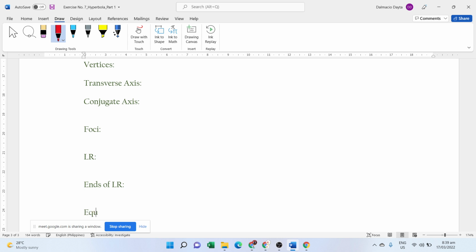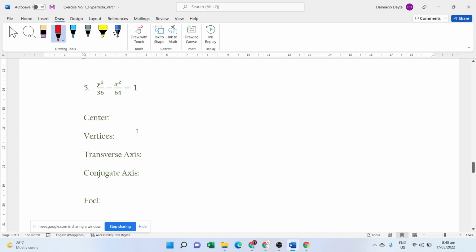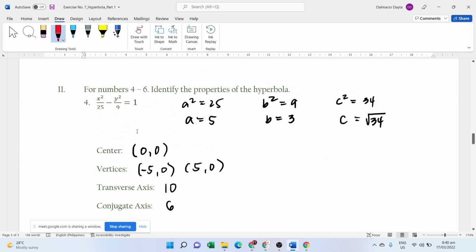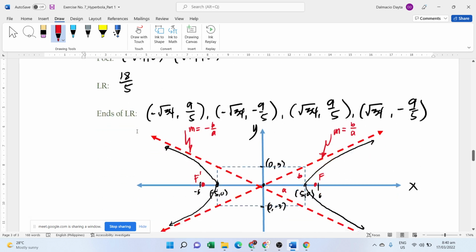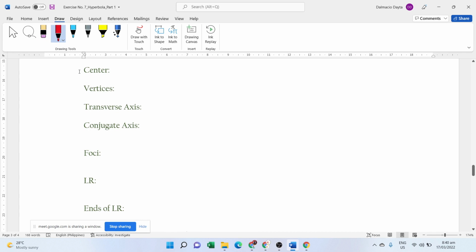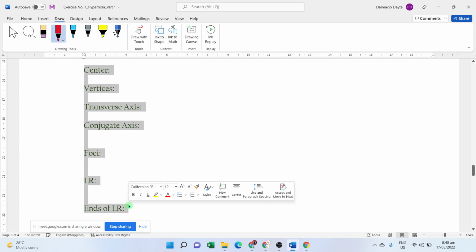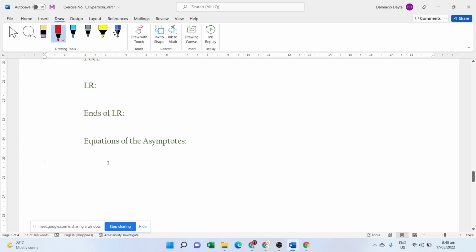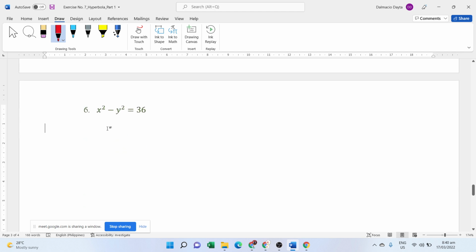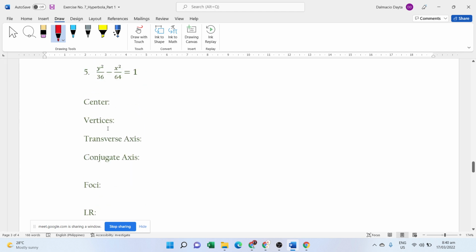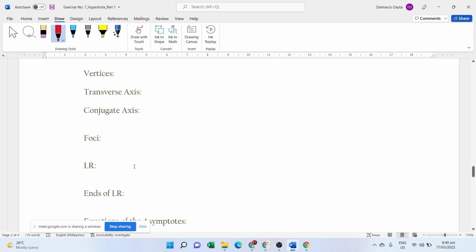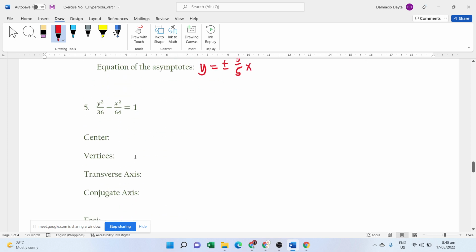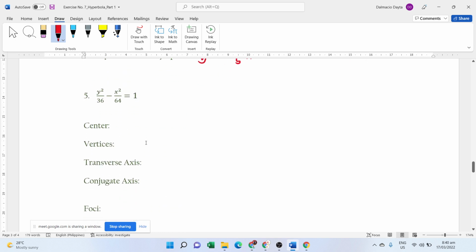So, sama na natin yung equation of the asymptotes. Tama ba? Kompleto ba? Center, vertices, transverse axis, foci, LR, ends of LR, equation of the asymptotes. Copy-paste na natin siya doon sa last. Okay? Now, can someone dictate to me your answer for number 5?